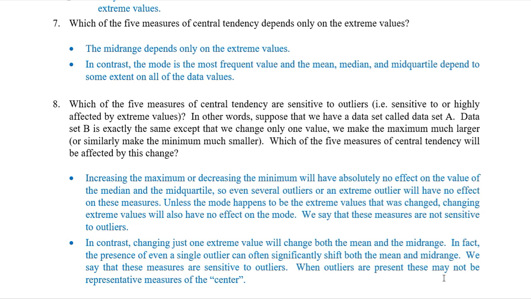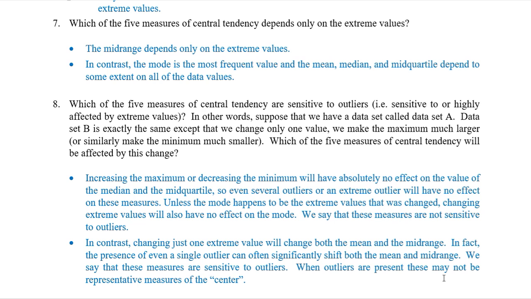And unless the mode happens to be at the extreme values and be one of those value points that was changed, changing extreme values will also have no effect on the mode. So we say that these measures are not sensitive to outliers. Okay, so the median, mid-quartile, and mode are not sensitive to outliers, are not sensitive to extreme values.